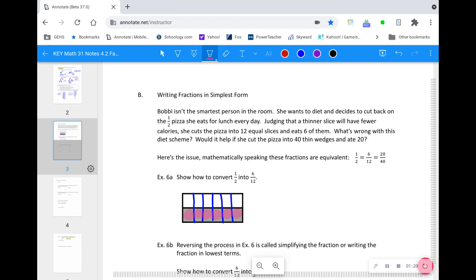Well, you can see she's eating the same amount of pizza. She is eating smaller pieces, but she's eating more of them, and that exactly compensates for the smaller size of the piece. So what we have here is a case where 1/2 of a pizza is exactly equal to 6/12.